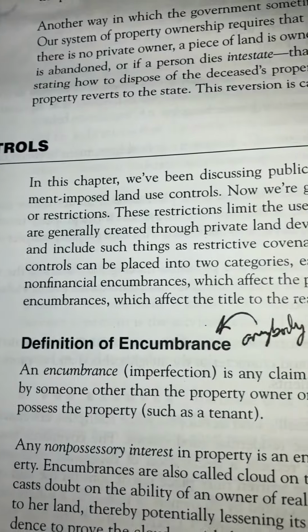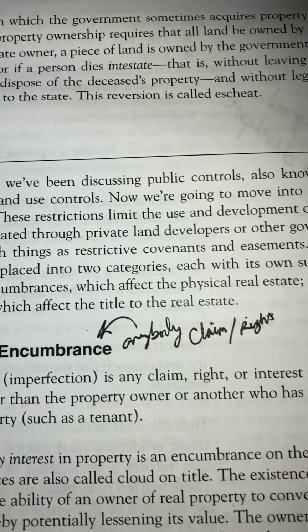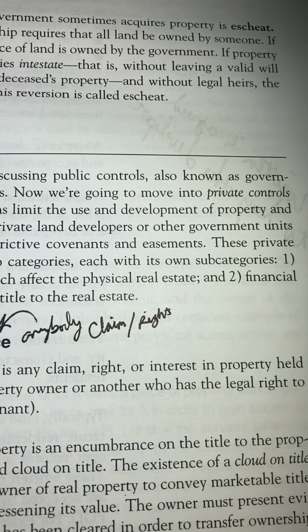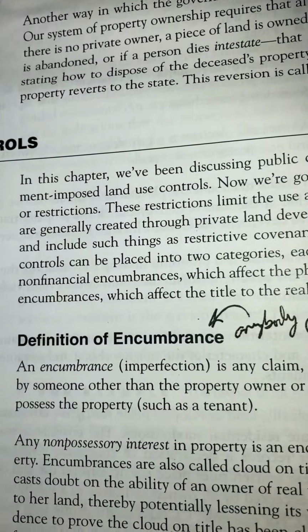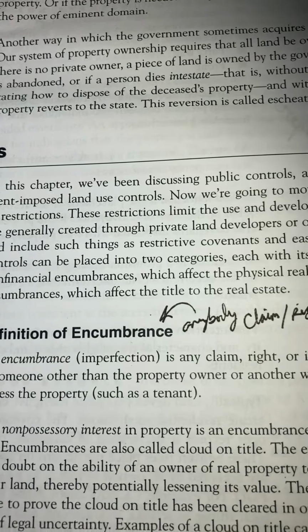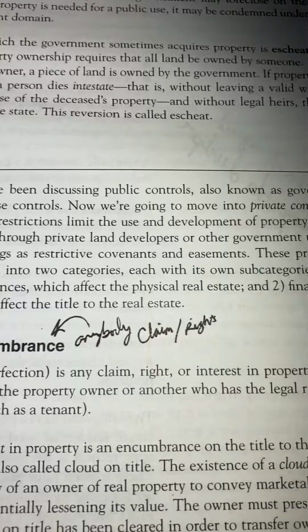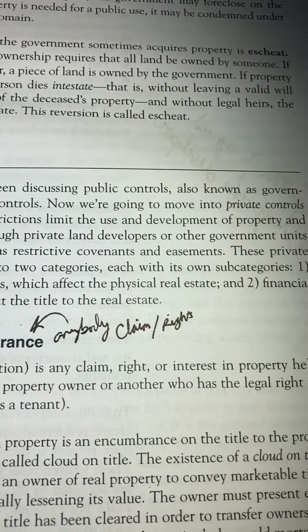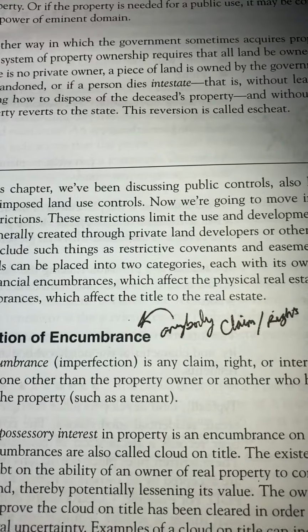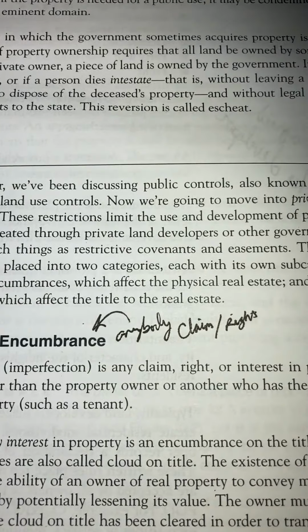These private controls can be placed into two categories, each with its own subcategories. 1. Non-financial encumbrances, which affect the physical real estate. And 2. Financial encumbrances, which affect the title to the real estate.